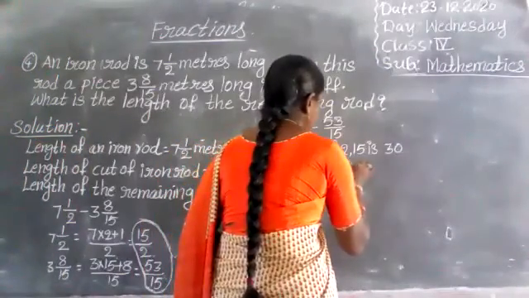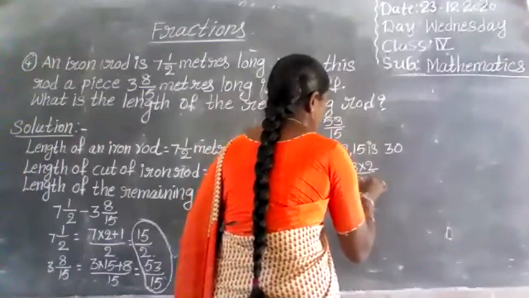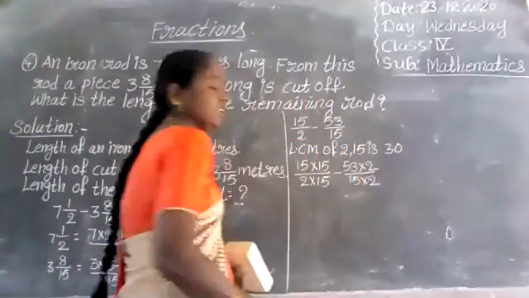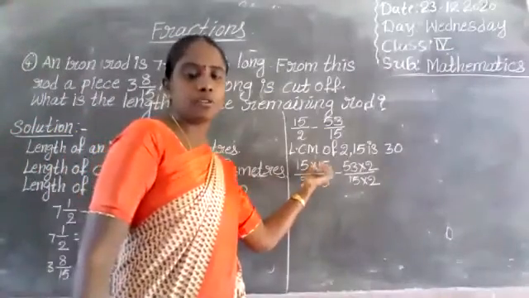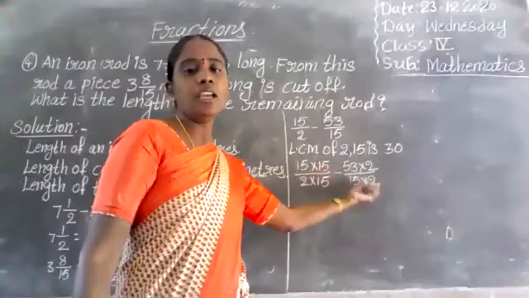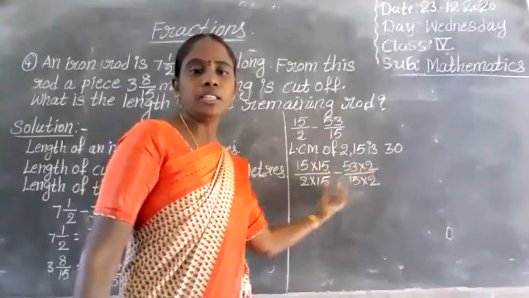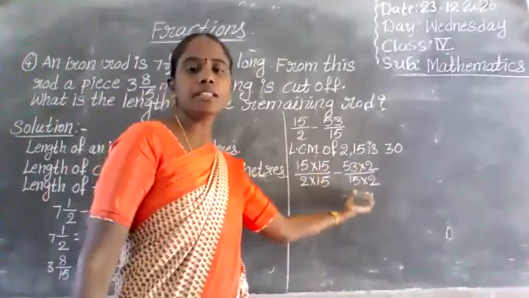Next, 53 into 2 by 15 into 2, because 15 2s are 30. Not only in the denominator, in the numerator also you multiply by the same number, 15 and 15, 2 and 2. Then we get the same denominator, 30.